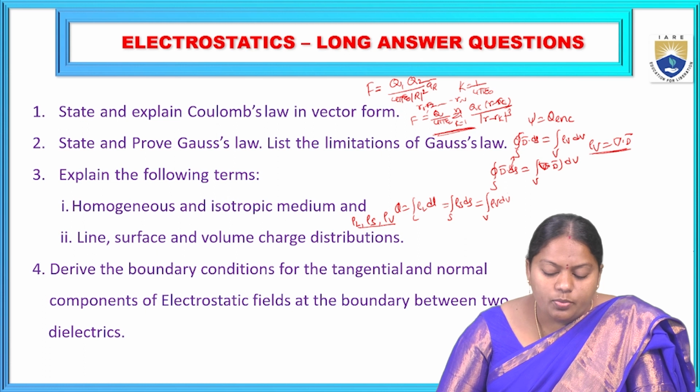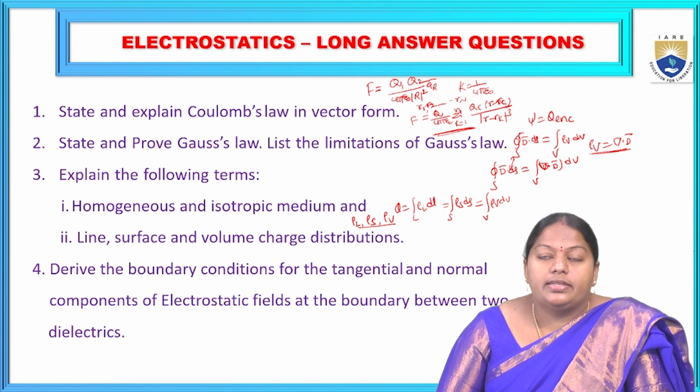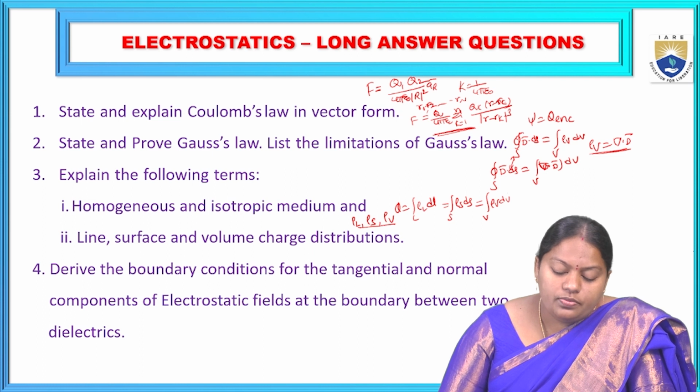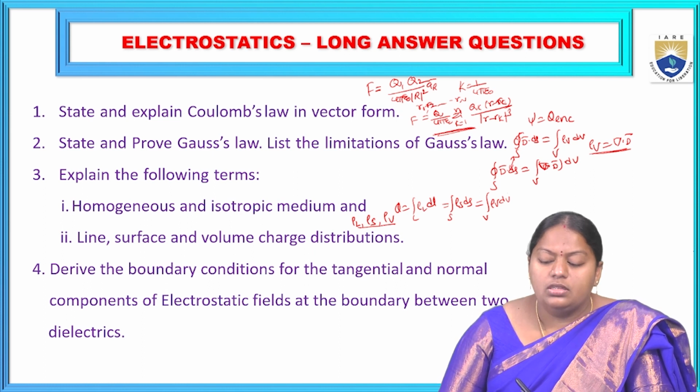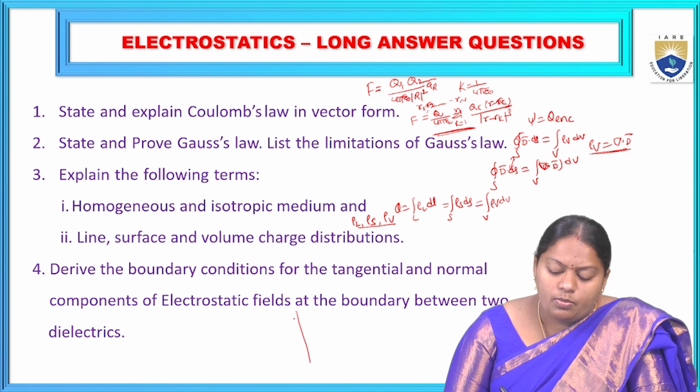Next one is to derive the boundary conditions for the tangential and normal components of electrostatic fields at the boundary between two dielectrics. In order to derive the boundary conditions between two dielectric media, suppose we consider a boundary that exists at z equal to 0.